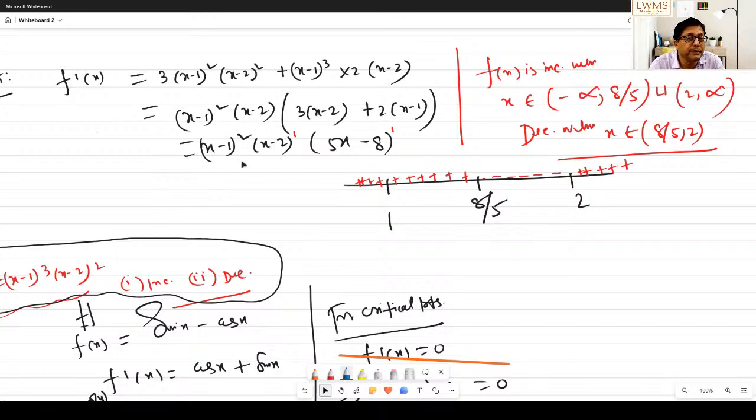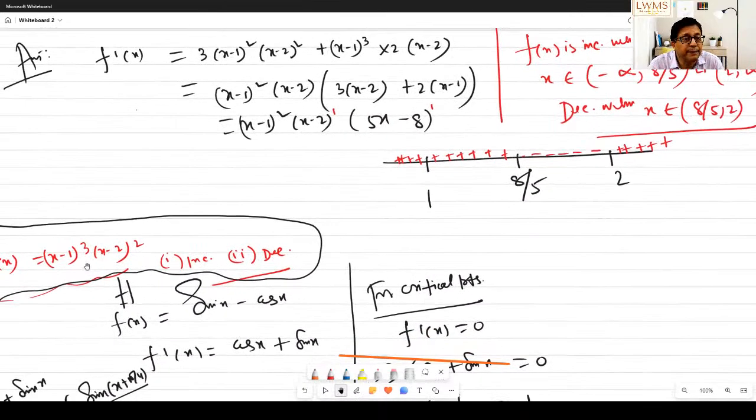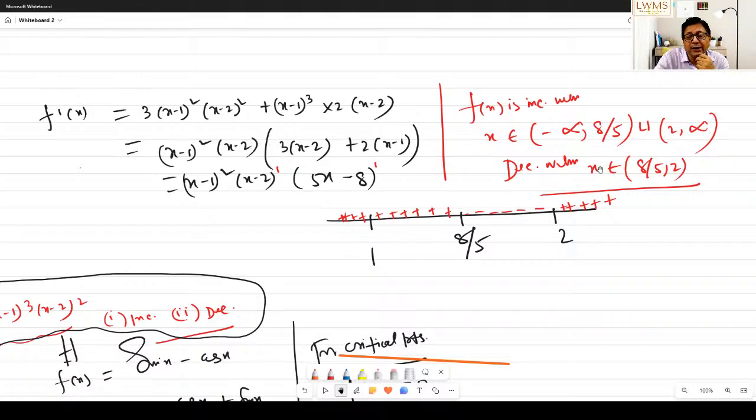Here the derivative will vanish at 3 points. Okay? But you can see that f dash x will be vanishing at which points? At x equal to 1 and x equal to 8 by 5 and 2. So if I mention minus infinity to 8 by 5, I am wrong, because at 1 the derivative vanishes. For 2 it is okay. In between 8 by 5 and 2, is there any such point?